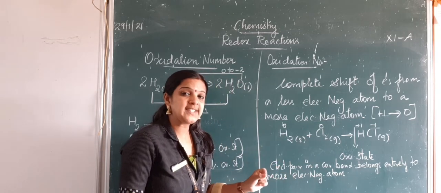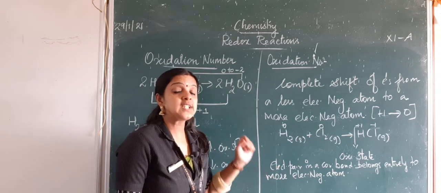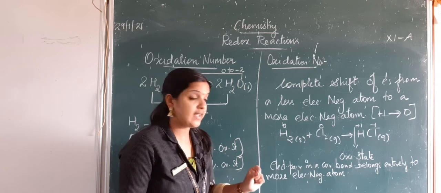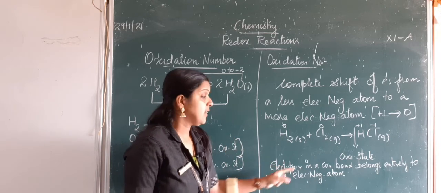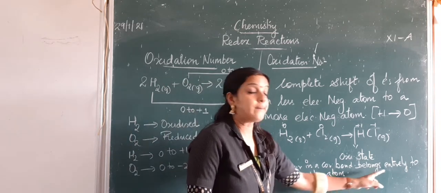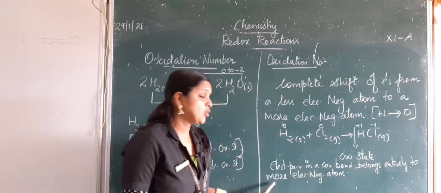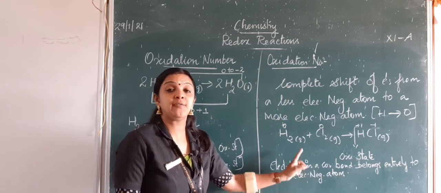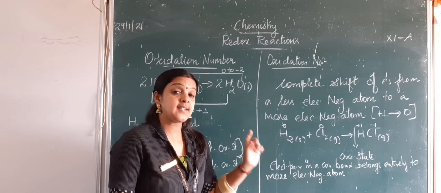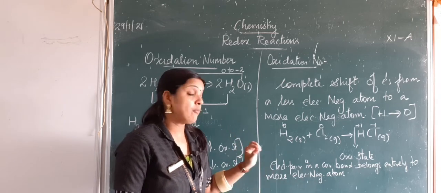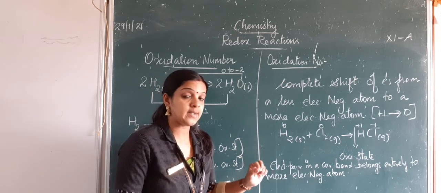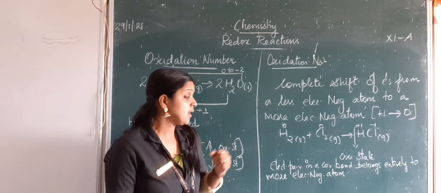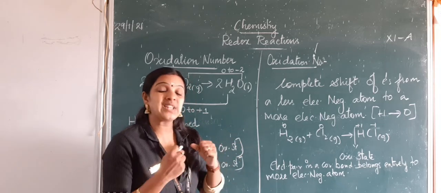So what is an oxidation number? It denotes the oxidation state where the electron pair in a covalent bond belongs entirely to the more electronegative atom. Understand the meaning, children? The more electronegative atom will have the electron pair with itself.